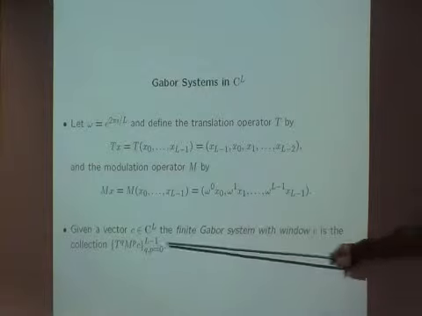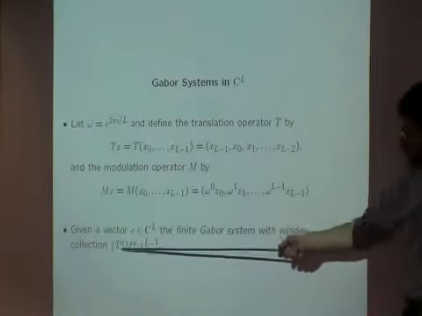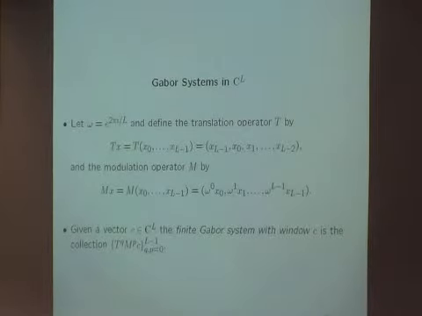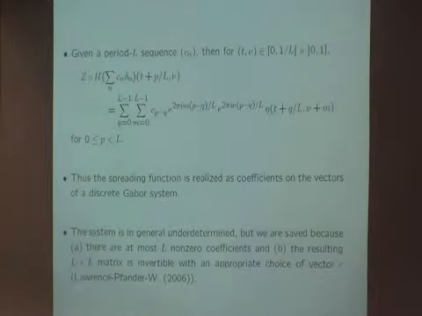Okay, and if we take all possible shifts and modulates of my vector c, then I get L squared vectors in C^L, and this system forms a frame for C^L.